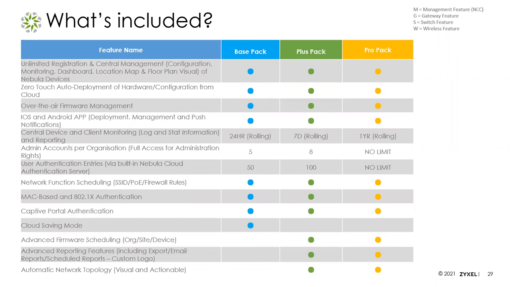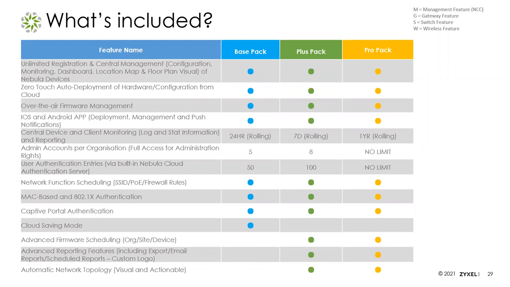All of them give you over-the-air firmware management. All of them work with our app. And now we start running into here some of the differences. So one of them has to do with logging information. The free version of Nebula only keeps 24 hours of log information. Plus Pack keeps a week of log information in the cloud, and the Pro Pack keeps a year's worth of log information in the cloud.